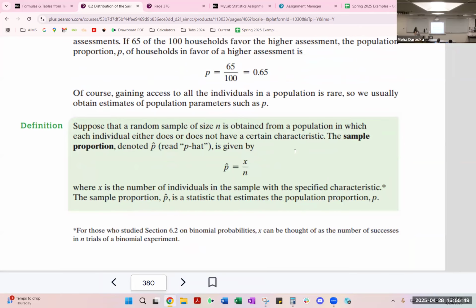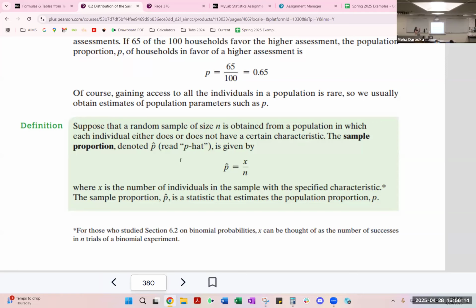So here we're saying, suppose you have a random sample of size n from your population, in which each individual either does or does not have a certain characteristic. So the sample proportion, to differentiate it from that population proportion P that we looked at over here, we call this P hat.